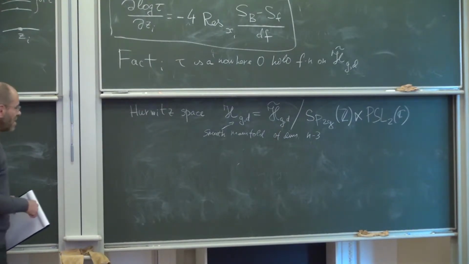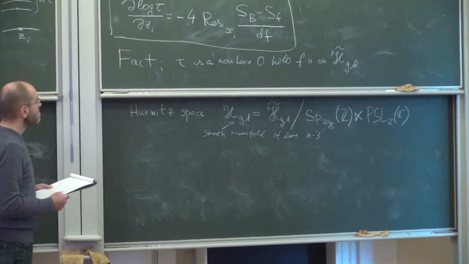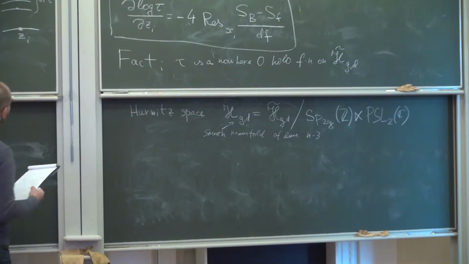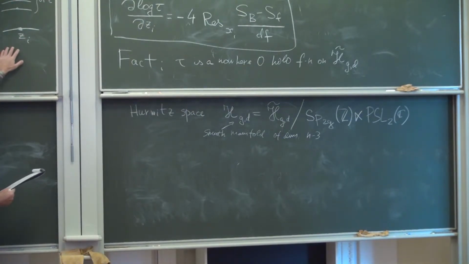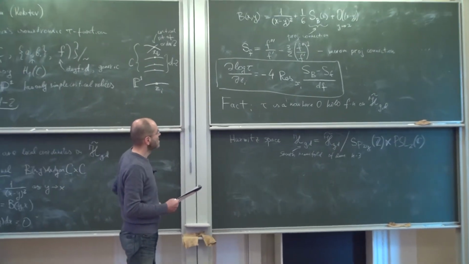Is there a derivative with respect to zi or xi? zi, xi are points on C, on the curve, and zi's are just complex numbers. zi's live on the projective line, so these are just complex numbers, and xi's are points, and we take residues at points.